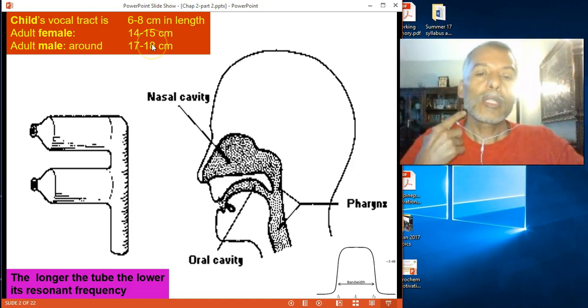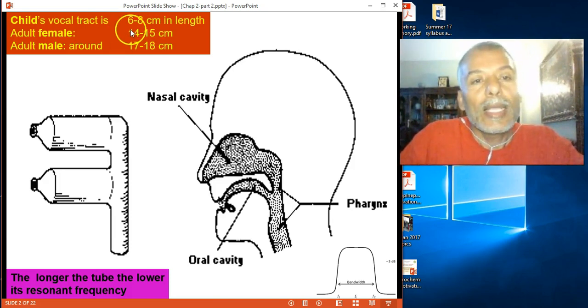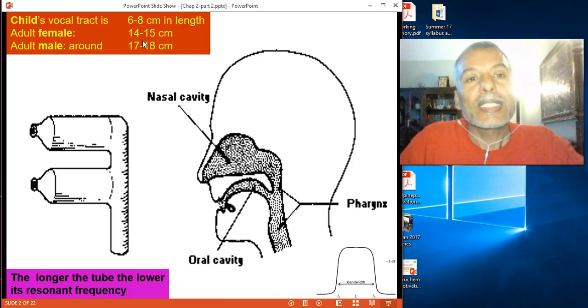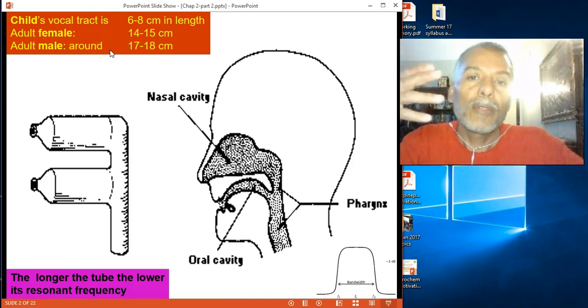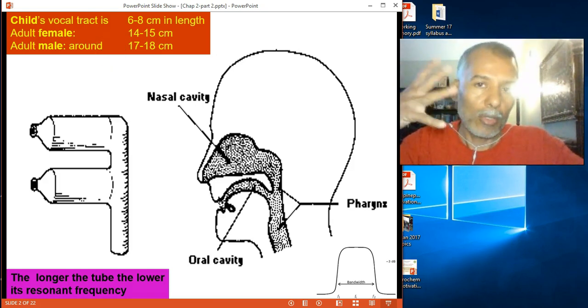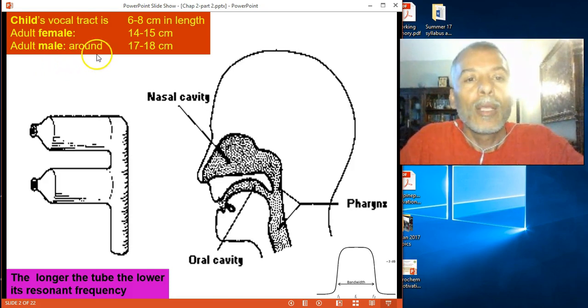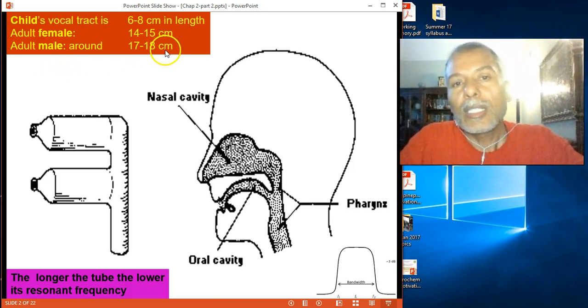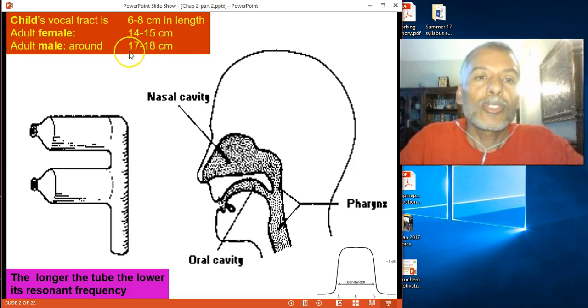So the average vocal tract from the vocal folds to the lips is 6 to 8 centimeters for a child. For an adult female, the average is 14 to 15 centimeters. For the adult male, you have different counts based on the size of the head and so on. Some research says 17 to 18 centimeters is the average, and some says 17 centimeters.